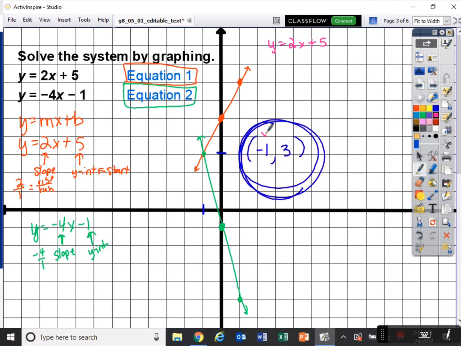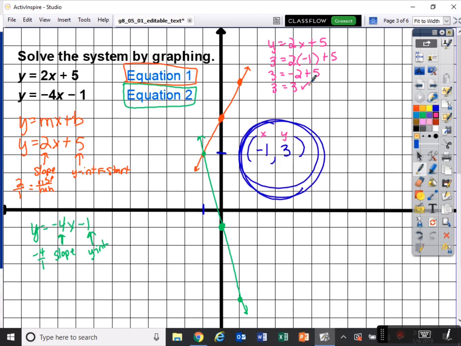Remember, x is -1, y is 3. So instead of y, I'm going to put 3 equals 2 times x, which is -1, plus 5. 3 equals 2 times -1, which is -2. 3 equals -2 plus 5, which is 3. Does 3 equal 3? Yes, it does. So it checked on that one.